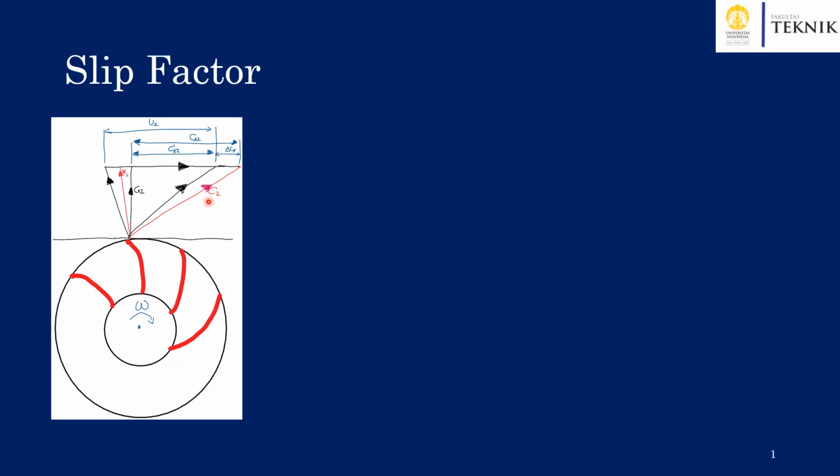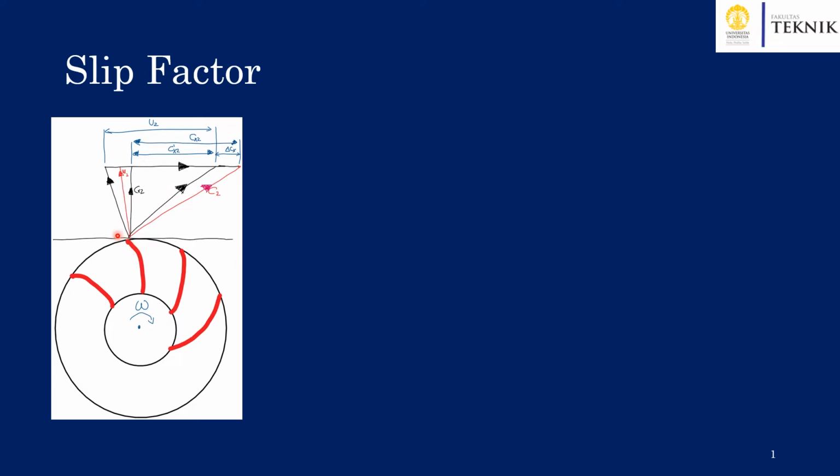Up to this point, we have been learning about using the velocity triangle to analyze the flow behavior of a fluid when it enters the impeller and when it leaves the impeller at the tips.